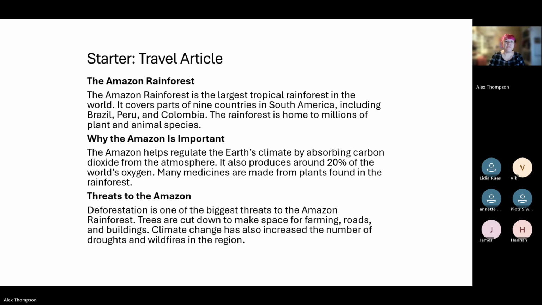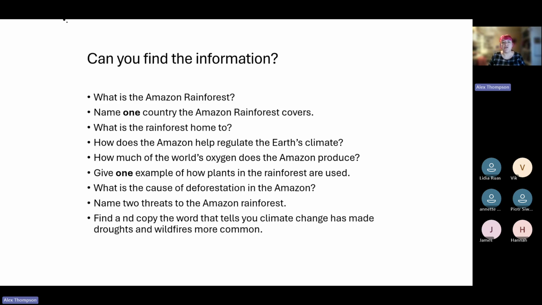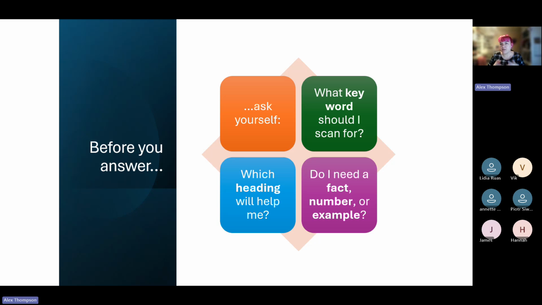So that's an example of the types of questions that you could be asked in the exam. A lot of them are just asking you to specifically look for bits of information in order to answer the question. Before we answer any of them, we need to be thinking about exactly as I was explaining as I was doing, what keyword should I be scanning for?